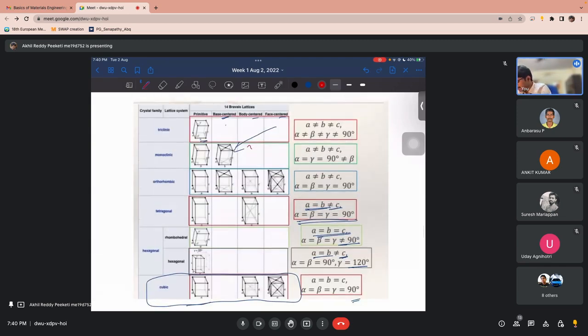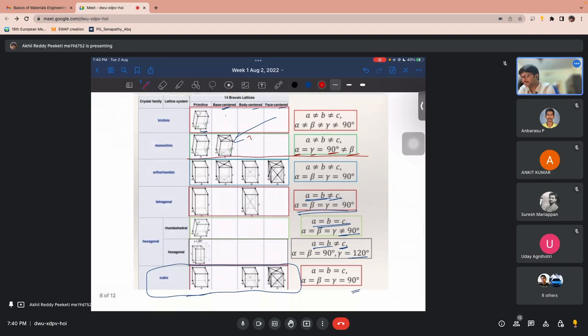So this is the monoclinic structure. The dimensions are not equal, but we have two angles that are 90 and the third angle is not 90. So what kind of symmetry will it have?